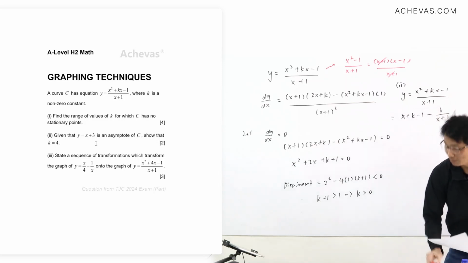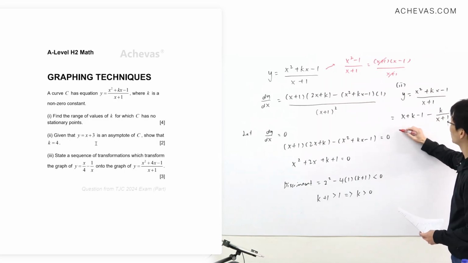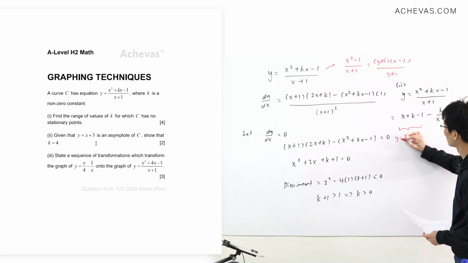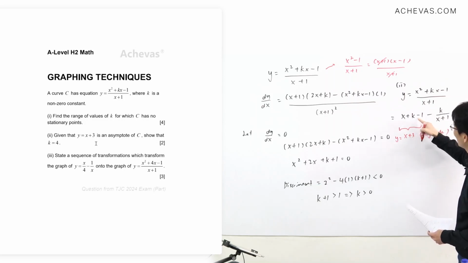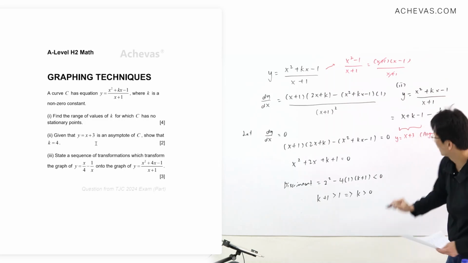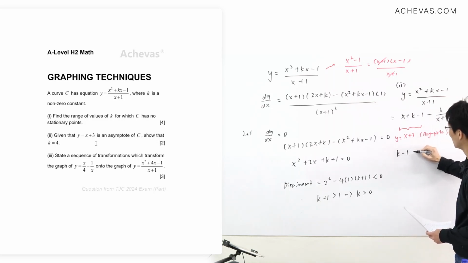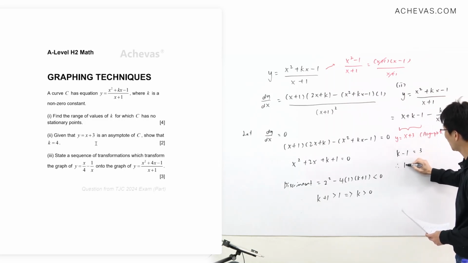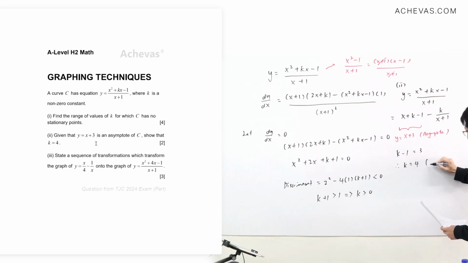Since the question mentioned that y equals x plus 3 is the asymptote, I can just do a bit of comparison here. I can see that k minus 1 will just be equal to 3. Therefore, k equals 4. And that is what I need to show for part 2.